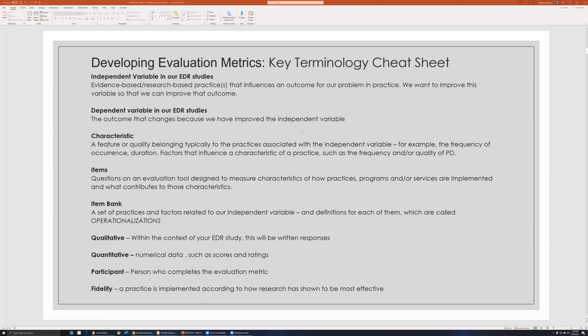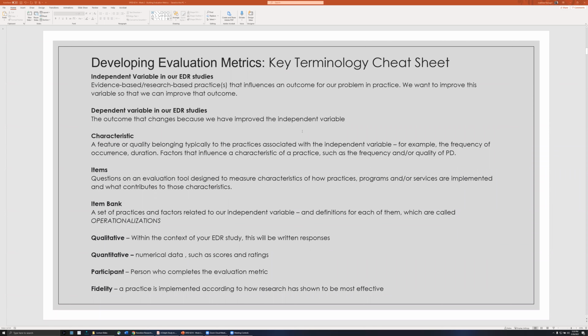So the item bank, more specifically, is once you've identified all of these practices, programs, services, and factors, an item bank is all of those practices and factors related to your independent variable, each having specific definitions based upon the literature. We call these operationalizations.